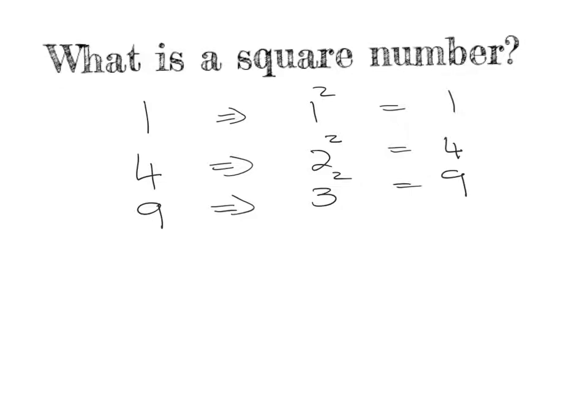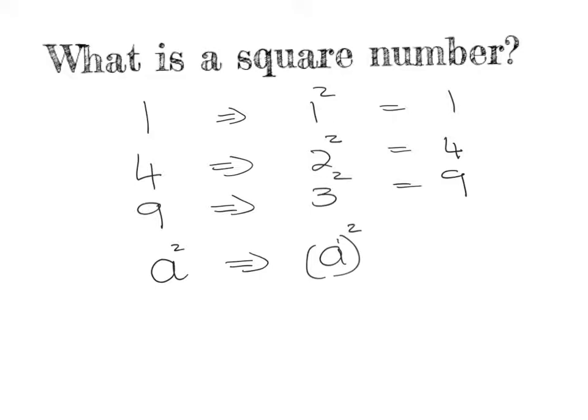If you're going to look at things like alphabet letters, your variables, remember it's got to be written to the power 2. So if I say to you a to the power 2 is a square number, that is true because I can write it as a to the power 1 times 2.